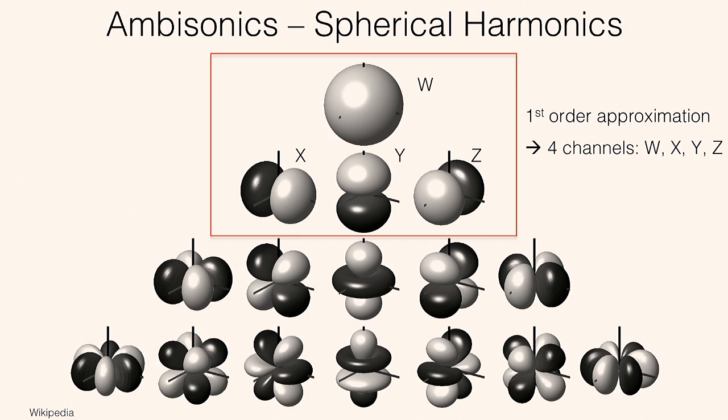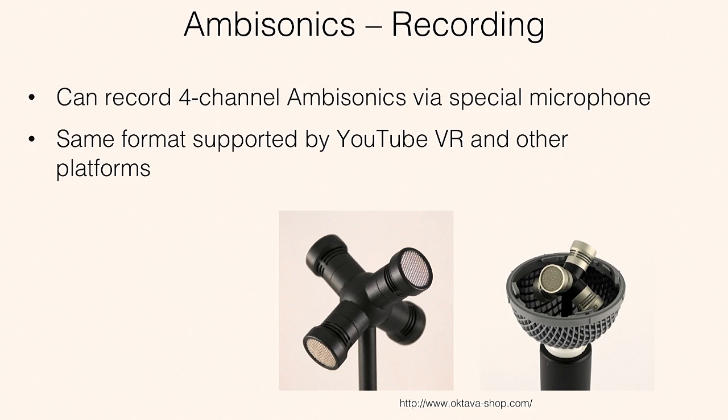For ambisonics, we're only going to use the first 4 channels. W is the omnidirectional component, and so this gives you the sound in every direction. And then X, Y, and Z are positive and negative lobes that correspond to more or less stereo components of X, Y, and Z.